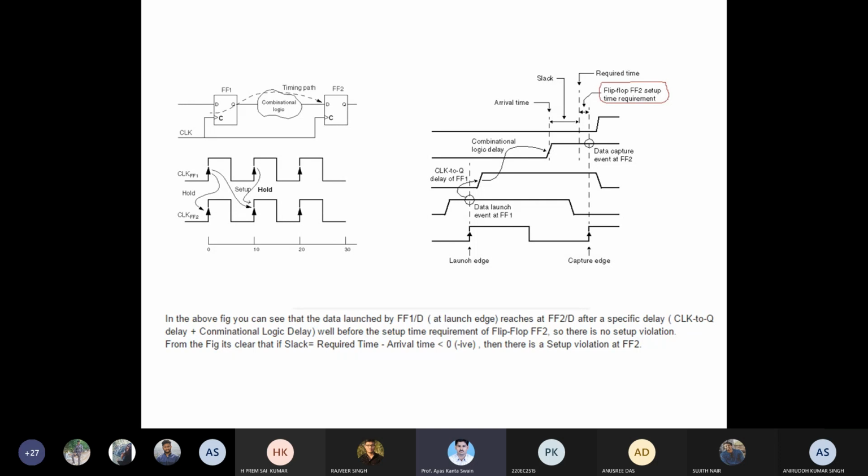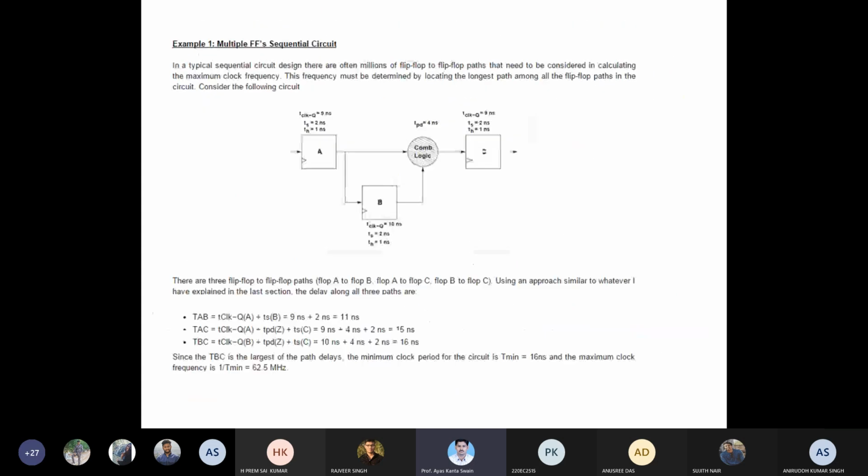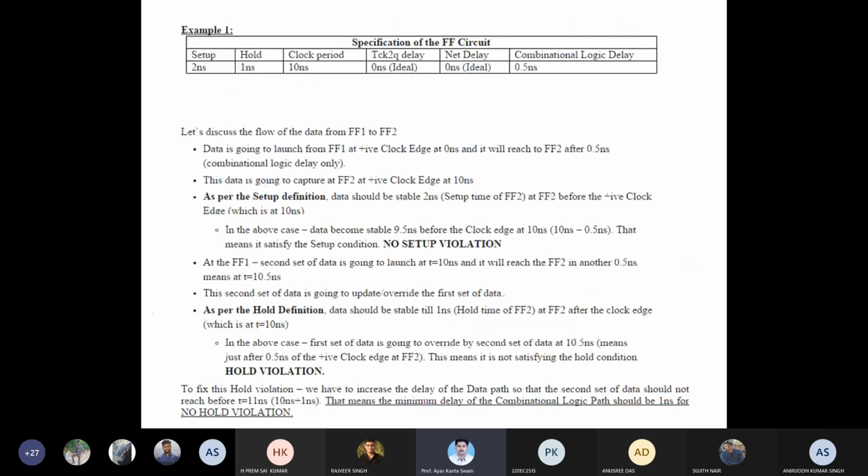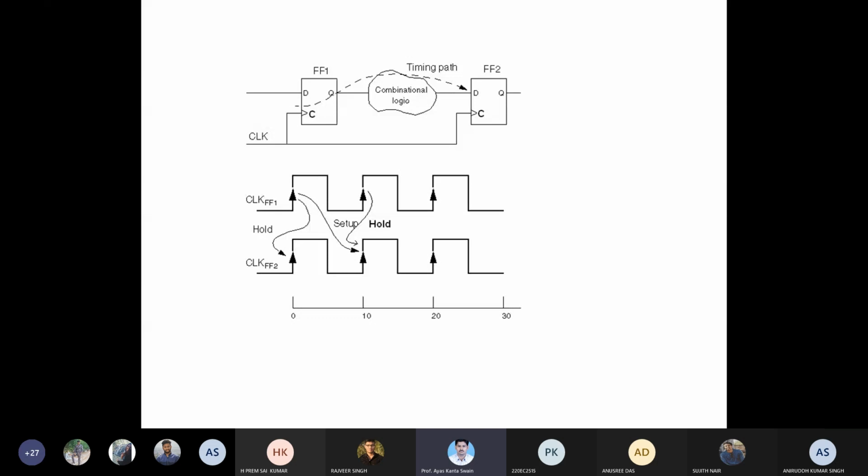At that time your slack is positive and you don't have any violation. If the arrival time of the data is more than the required time, then slack is negative and you have a violation. The tool, PrimeTime, will just give you the slack result. If slack is positive, there is no violation. If slack is negative, then a violation exists, so you can say a setup violation exists.